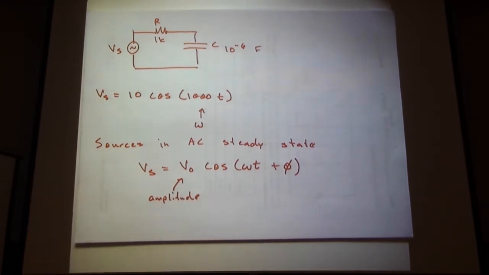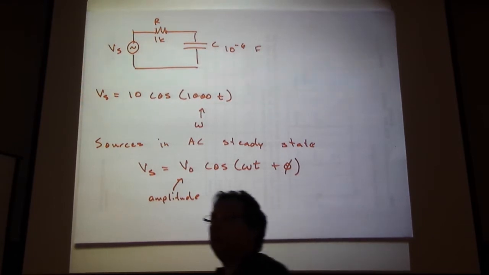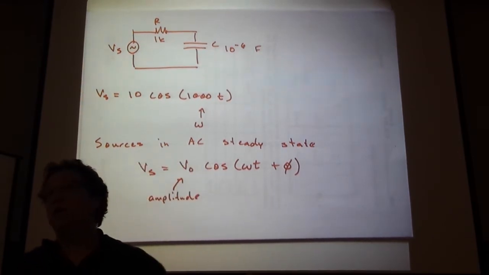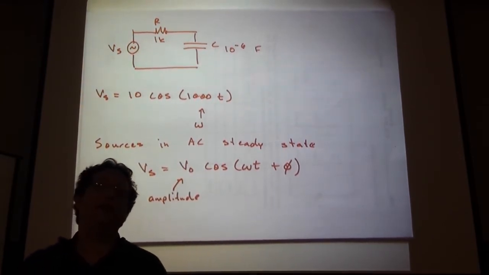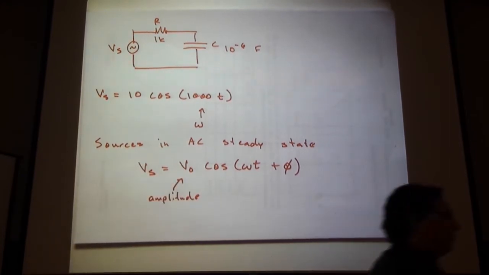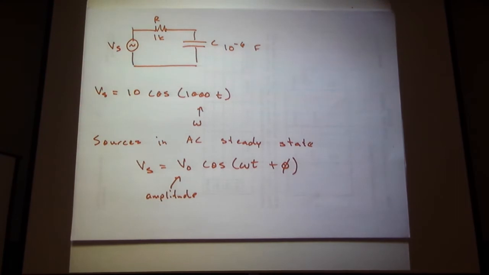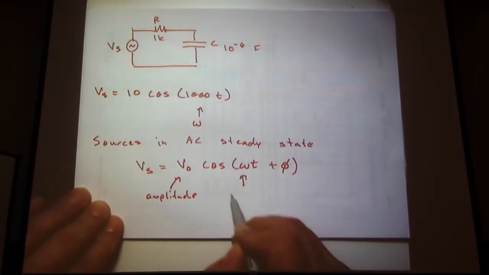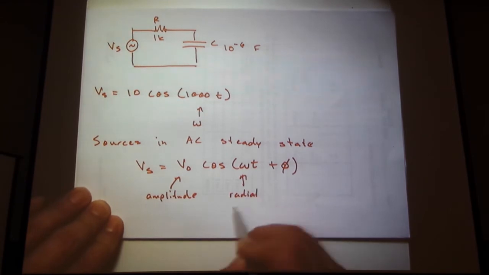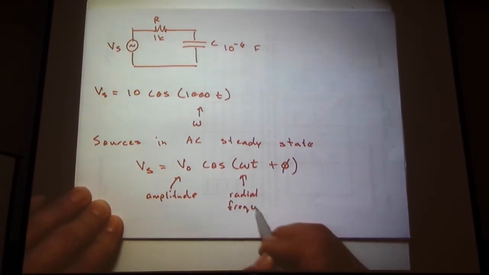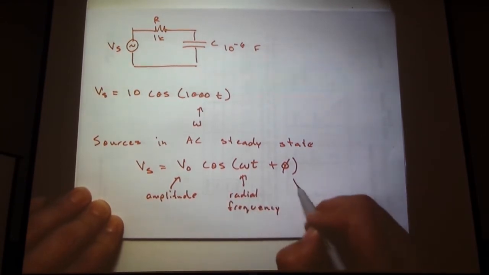And I'll say sine a lot. Yes, I know I wrote cosine, but what's the difference between sine and cosine? 90 degrees phase. We tend to say sinusoidal expressions, sine, even if we write cosine. Everything's sinusoidal. It's oscillating in the sinusoidal form. Here's our radial frequency. And here's a phase term.